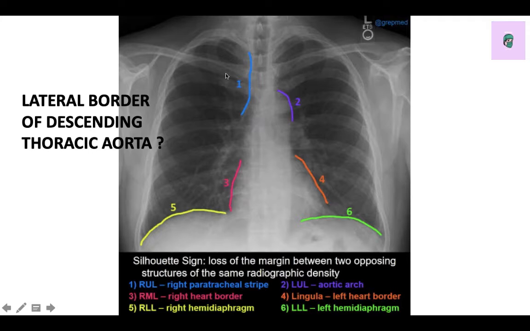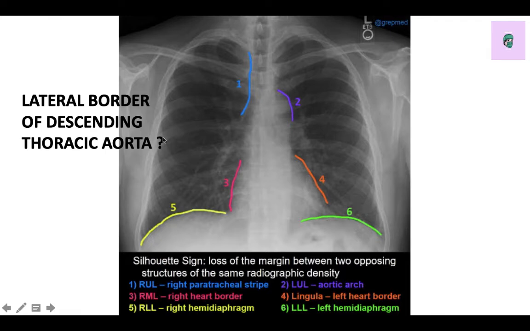As simple as that. Okay, 1 right upper lobe, 2 left upper lobe, 3, what was 3? Right middle lobe, correct. 4 lingula, 5 right lower lobe, and 6 left lower lobe. As simple as that.